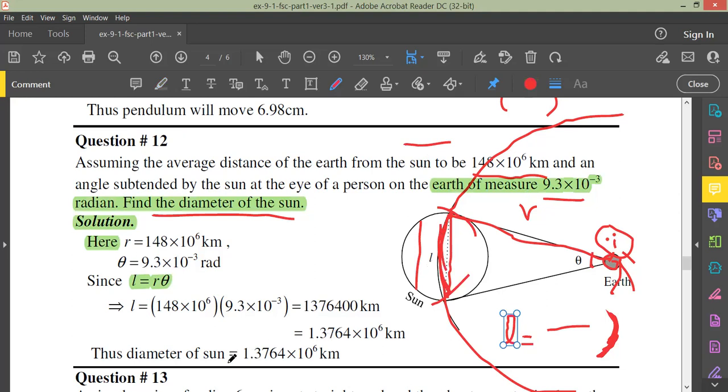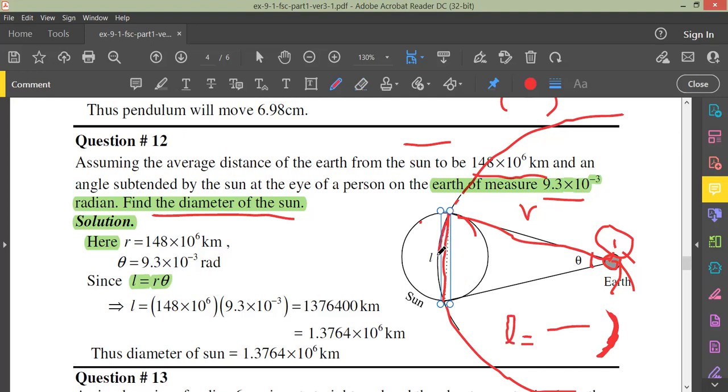No, this is an approximation. This is not the exact answer, because the exact value of the diameter is this, but L is not a straight line.